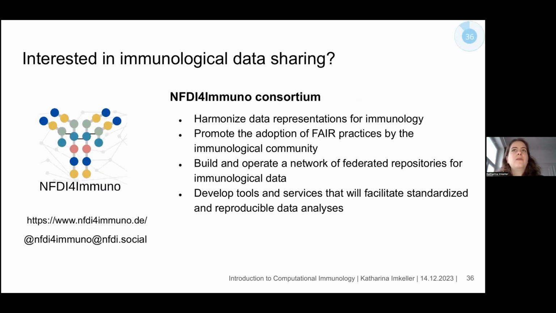If you're interested in immunological data sharing, so if you're generating immunological data or would like to use immunological data, or if you develop tools for immunological data, I recommend to take a look at the NFDI4Immuno community and consortium, which has the aim to harmonize data representations for immunology, promote the adoption of FAIR principles within the community, build and operate repositories for data, and also develop tools that facilitate standardized and reproducible analysis.